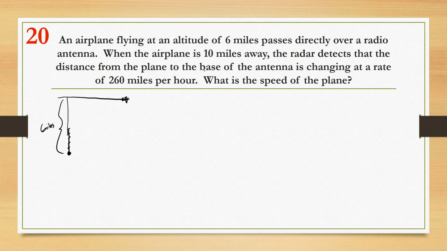So when the airplane is 10 miles away, the radar detects that the distance from the plane to the base of the antenna is changing at a rate of 260 miles per hour.